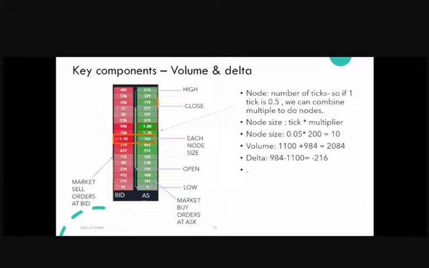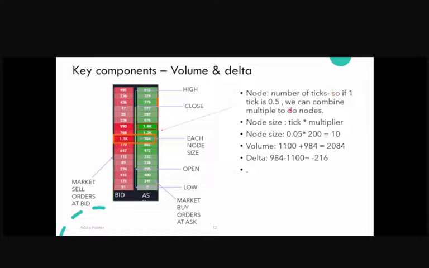Essentially, because a candle consists of, let's say, in the Indian market, your tick size is 0.05. So if you have a 1 point candle, it is like 20 ticks. If you do it at a tick level, a candle is probably 3,000, 4,000 ticks, and you cannot really put that data in a single chart on our screens. So we combine those ticks into certain logical numbers.